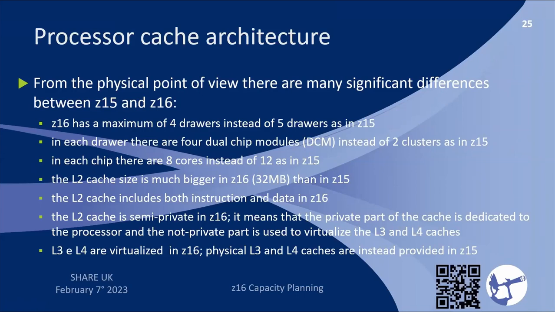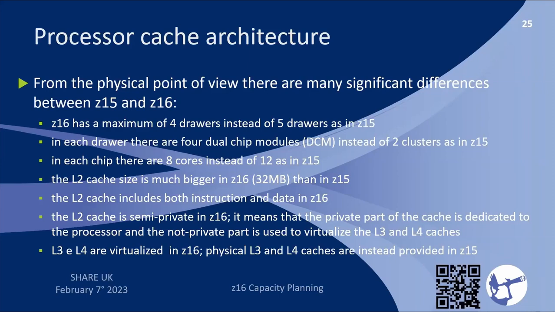But physically, something now is different. On a Z16, first of all, the maximum of drawers is 4 instead of 5. And just the fact that it's 4 instead of 5, let's say statistically, we reduce the possibility to find what you're looking for in a drawer that is remote from where you are starting, because there are less of them.